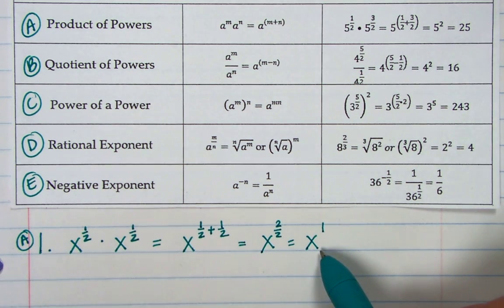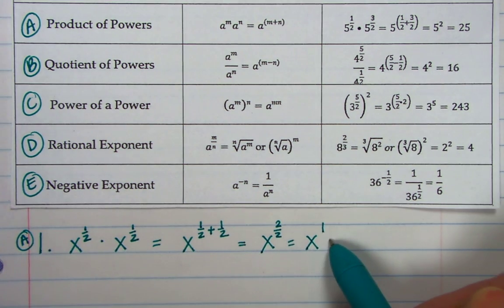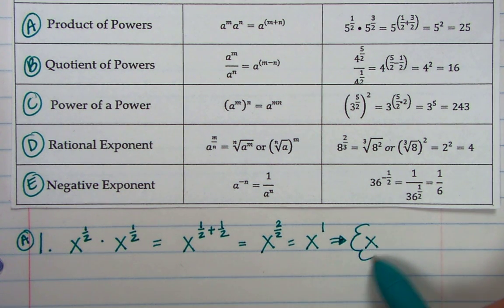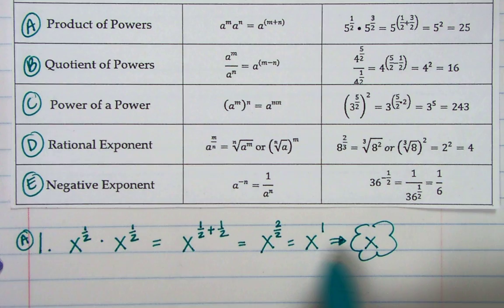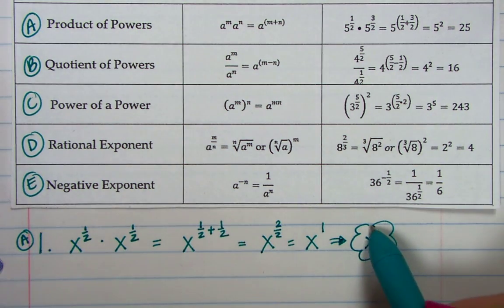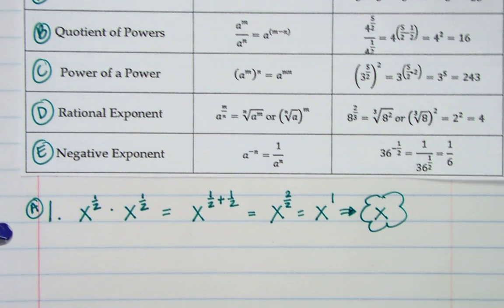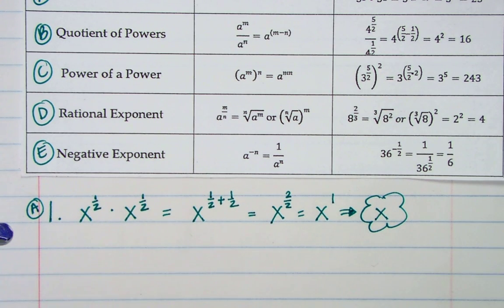And when the exponent is 1, that's kind of like putting a 1 in front of the x. You really don't have to do it. It's understood. So that's the same thing as just x. 2 halves make a whole. So it's just x. And we used A on that one.